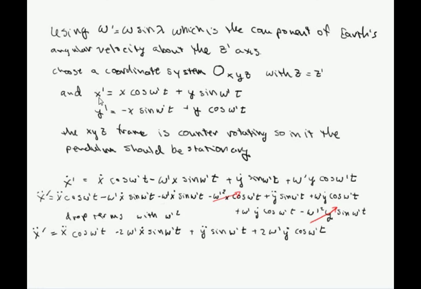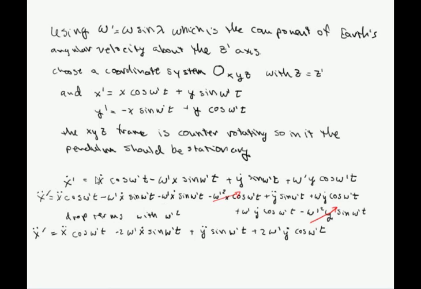And so we're going to write our x prime related to the x coordinate system as x prime equals x cosine omega prime t plus y sine omega prime t, and then y prime is minus x sine omega prime t plus y cosine omega prime t. This is just a transformation between these two coordinate systems, one that's rotating with angular velocity omega prime t, and the other one that isn't. And so we're just looking inside that one coordinate system.